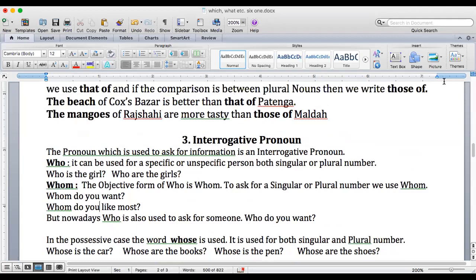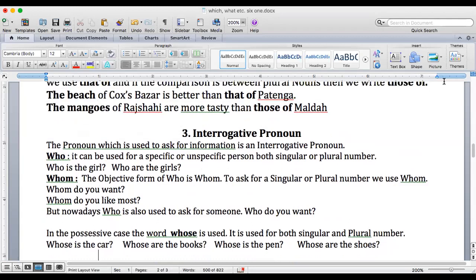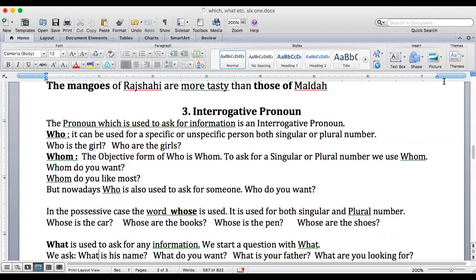And in the possessive case, the word whose is used when you want to ask what something belongs to. Possessive is belonging to someone, so we use whose. Whose is the car? Whose are the books? Whose is the pen? Whose are the shoes?